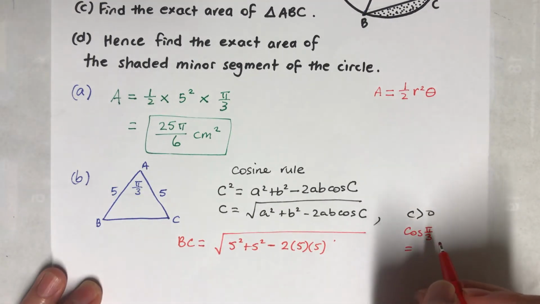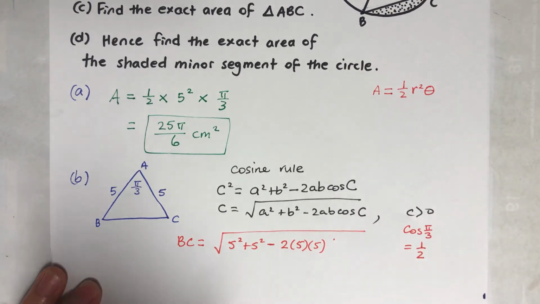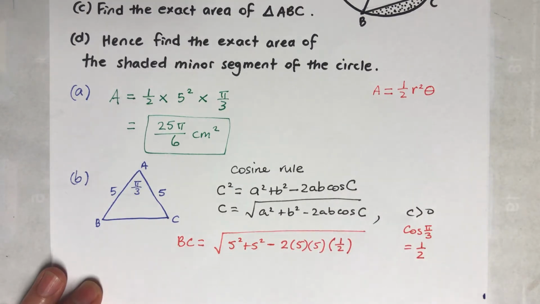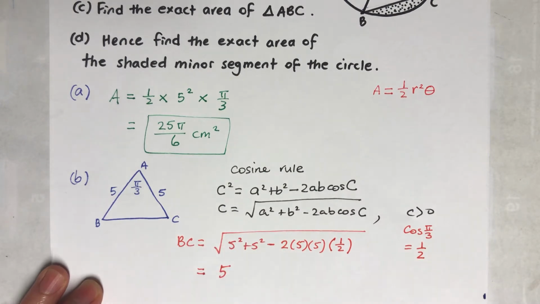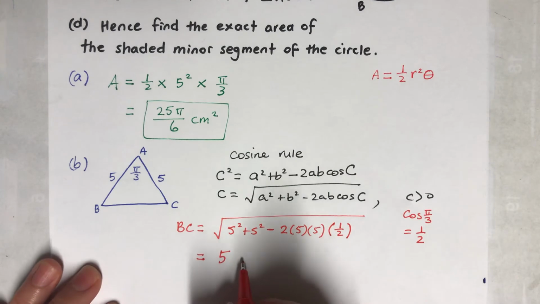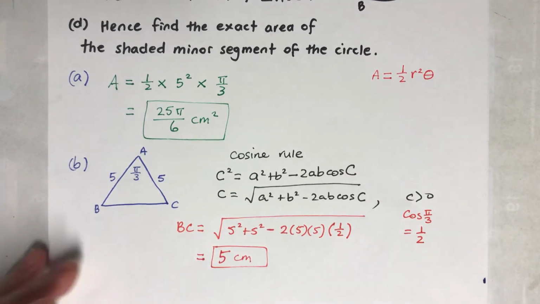Cos 60 is what? Half. Okay, so I'm going to put half here, or 0.5. Doesn't really matter what you do. And put that in your calculator, you will get 5. Nice. So that's 5 centimeters. There you go.